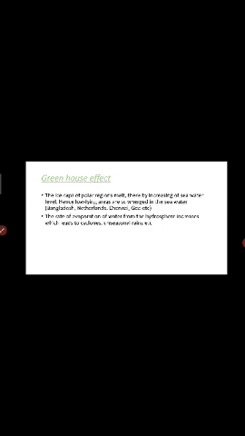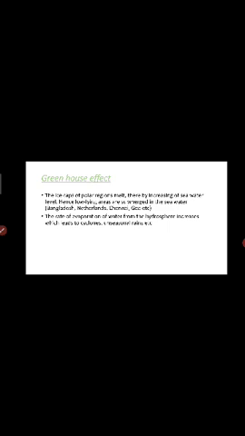The rate of evaporation of water from the hydrosphere increases, which leads to cyclones, unseasonal rains, etc. So, whenever the globe is heated, automatically the evaporation of water from the hydrosphere also increases, which leads to cyclones and unseasonal rains.